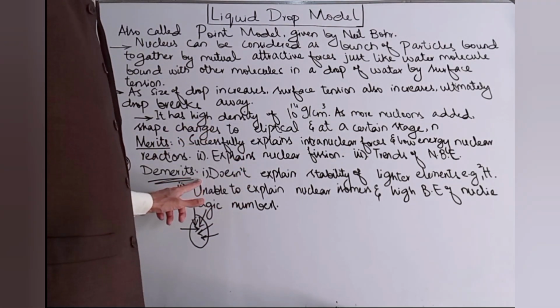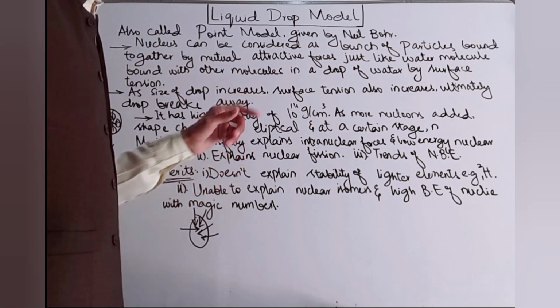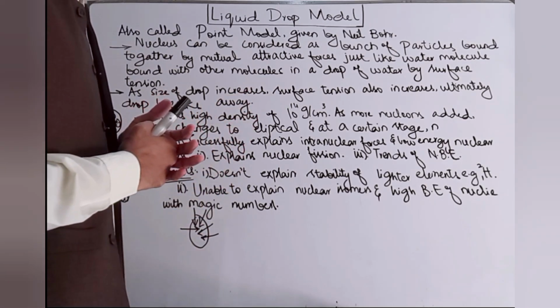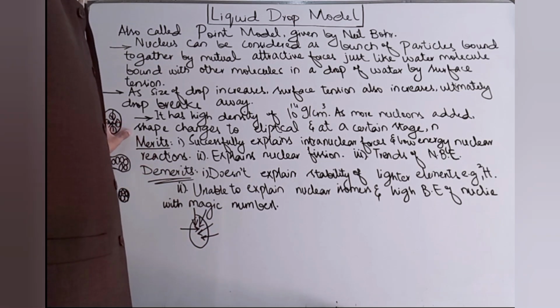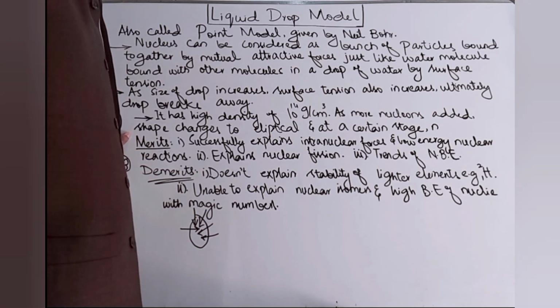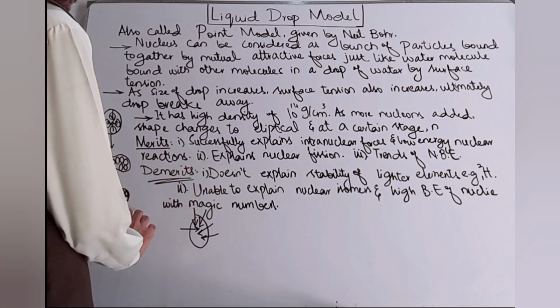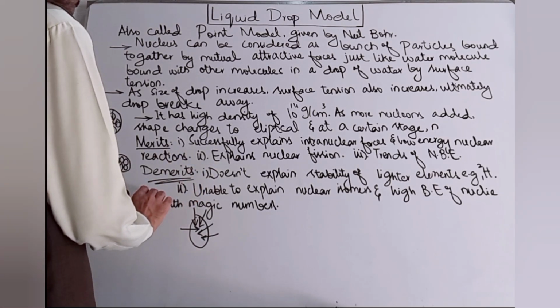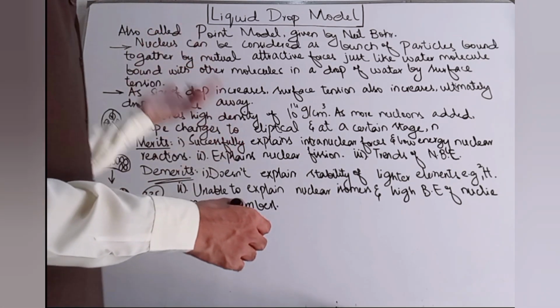The next point is it explains nuclear fission. So this theory explains why the nuclear fission reaction takes place. As I have explained earlier, uranium is a nucleus which undergoes nuclear fission. Uranium has a very large atomic mass, that is 235 or 236, 237, 238, 239.